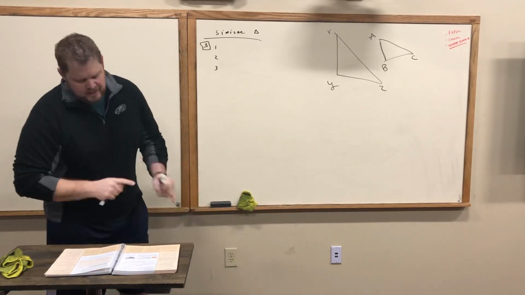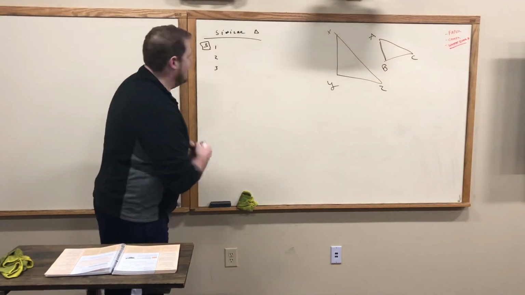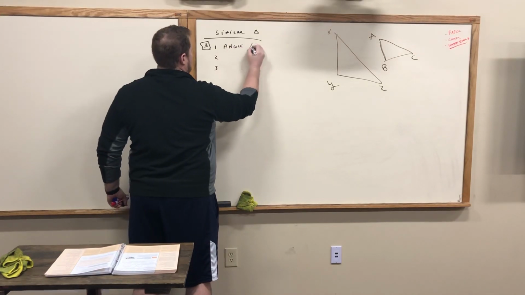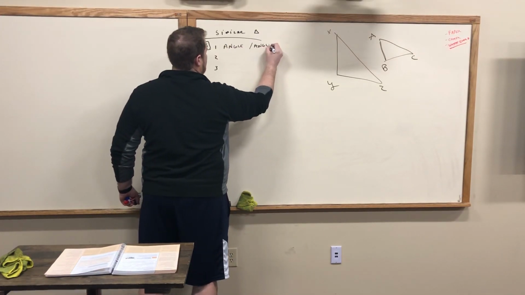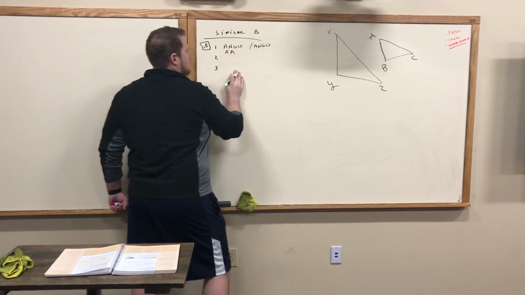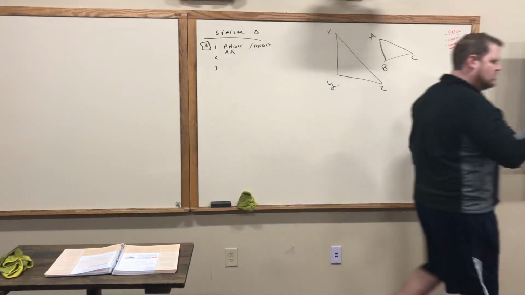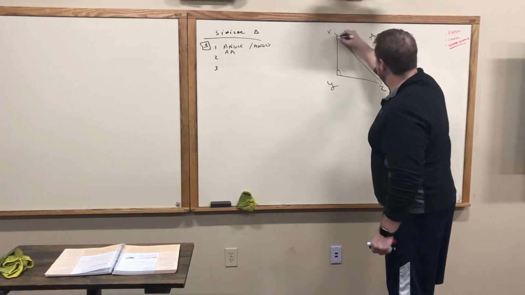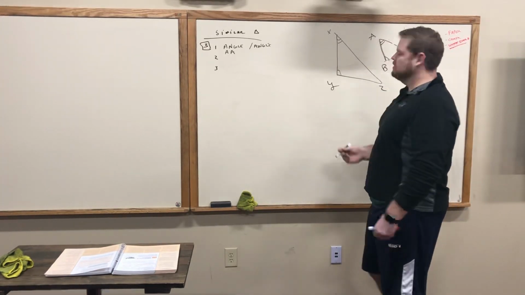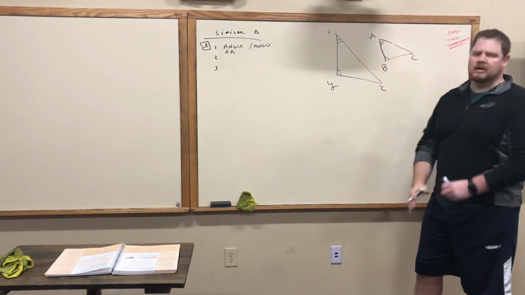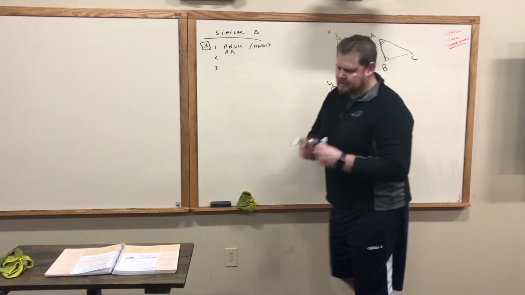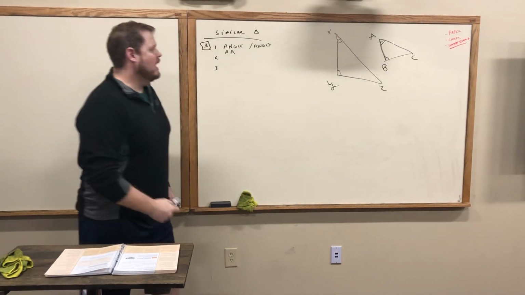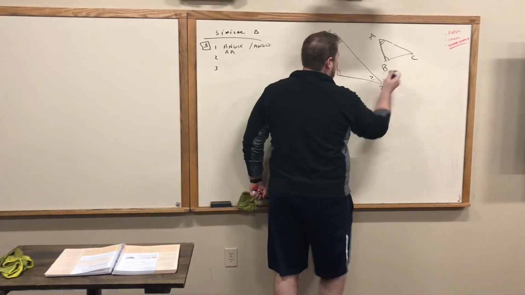So the first one is angle, angle. AA, they must be congruent. Two angles must be congruent. So if Y and B are congruent, and A and X are congruent, I have two triangles that are going to be similar. And the reason they are is because their shape is similar now. Why? Well, what about the third angle?